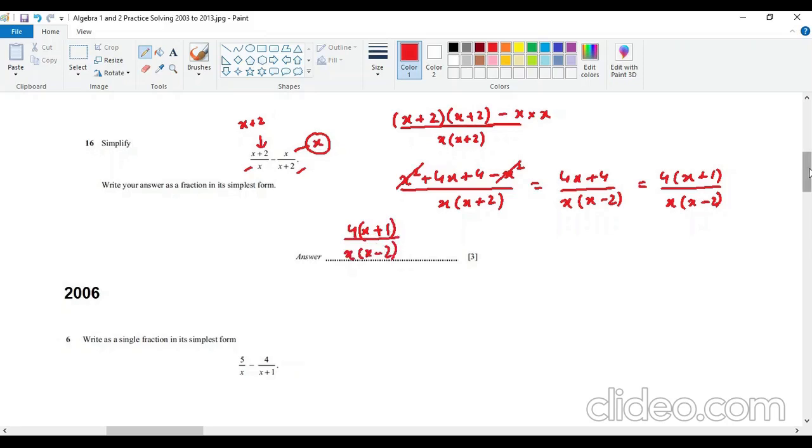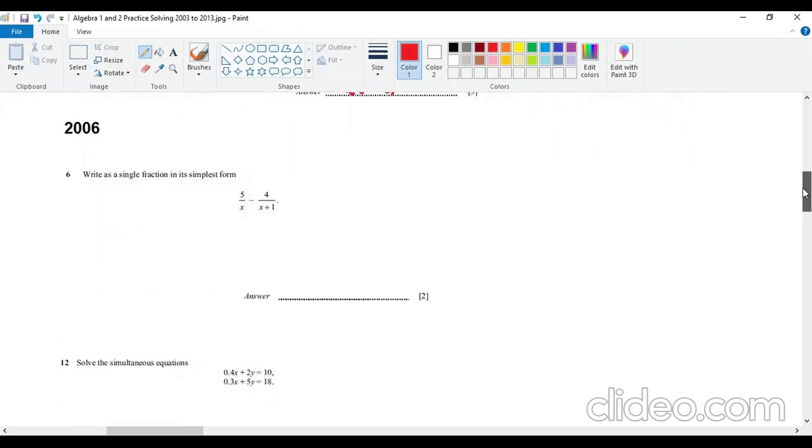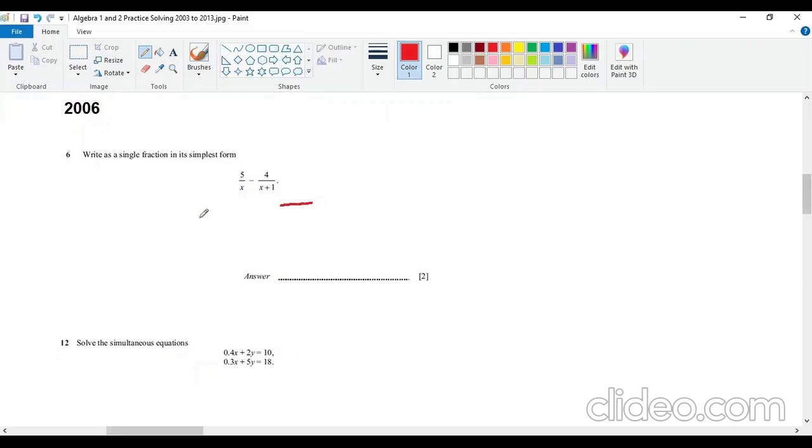Now moving on to the paper of 2006. It says to write in the simplest form, this will be multiplied by x plus 1, and this 4 is multiplied by x, and 5 is going to be multiplied by x plus 1. So we can write this question in this way: 5 is multiplied by x plus 1, minus 4 is multiplied by x, and down below you will have x and x plus 1.